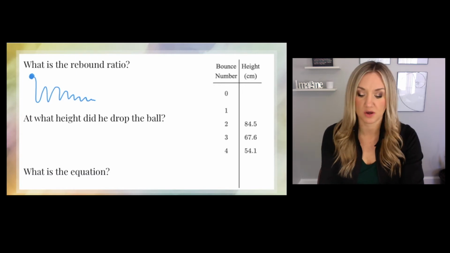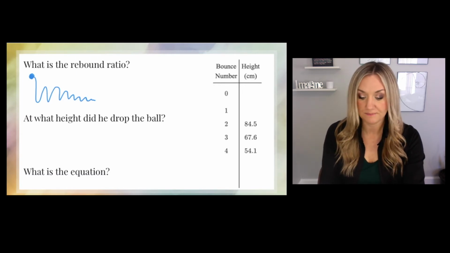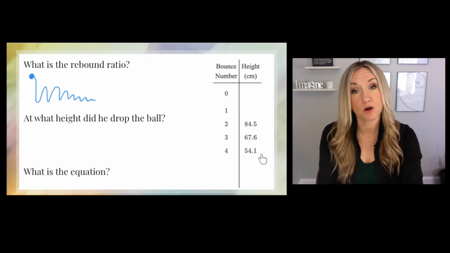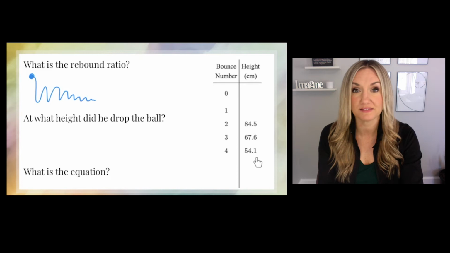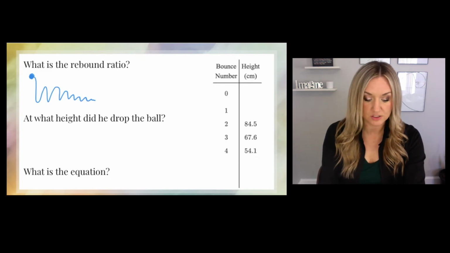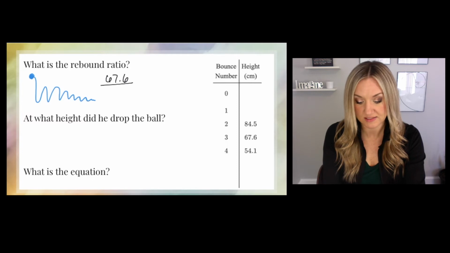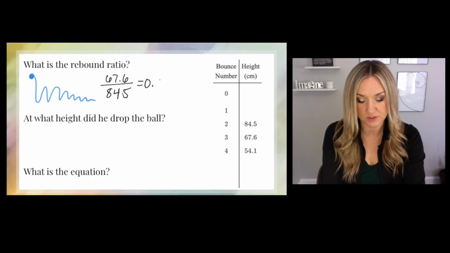And to do so, we're just going to go ahead and take a look at the change, what is happening each time. Because this is exponential, we're looking for a multiplier, and it's getting smaller, so we know that the multiplier is going to be less than 1. So I'm going to divide the 67.6 divided by 84.5, and I'm going to get about 0.8.